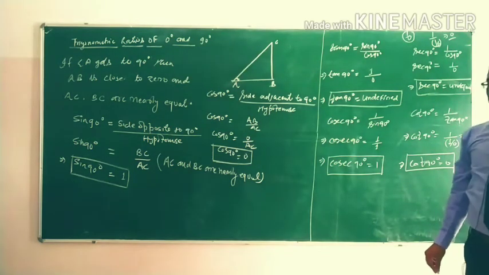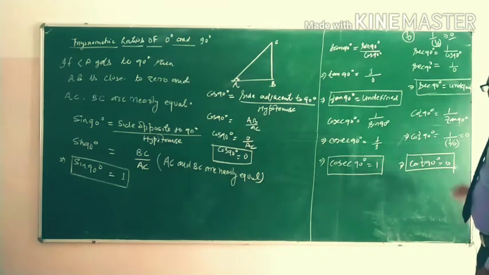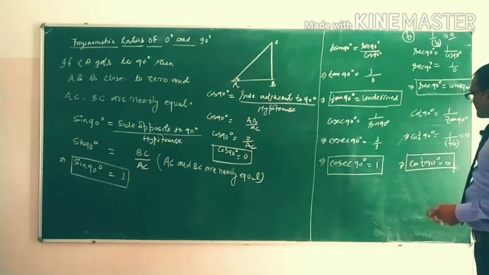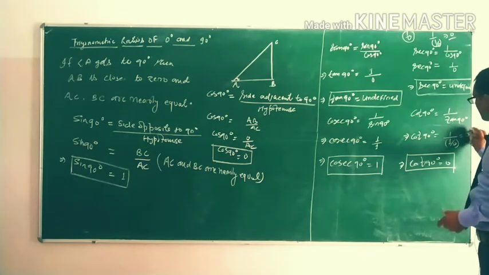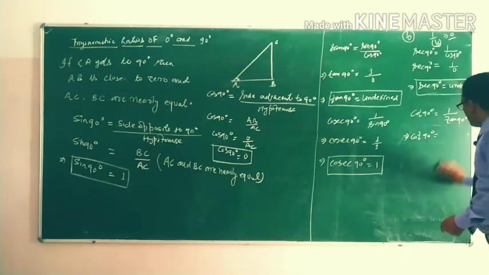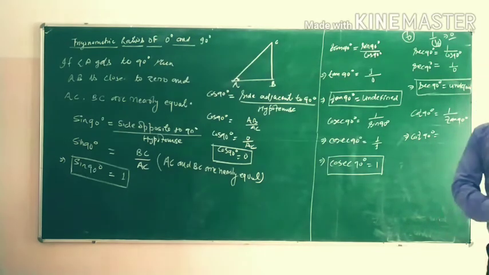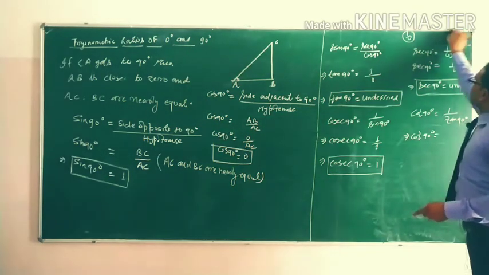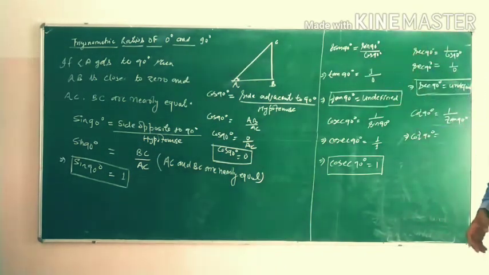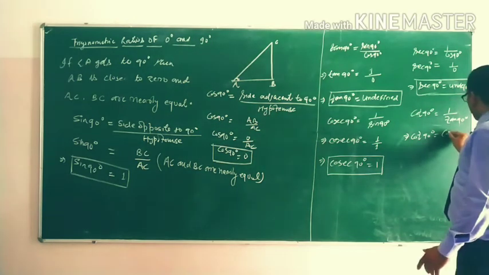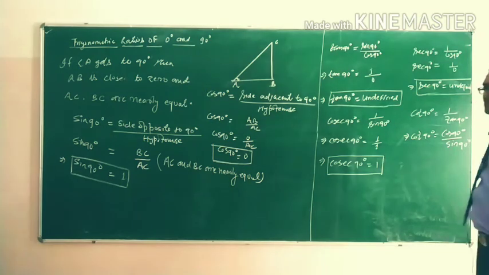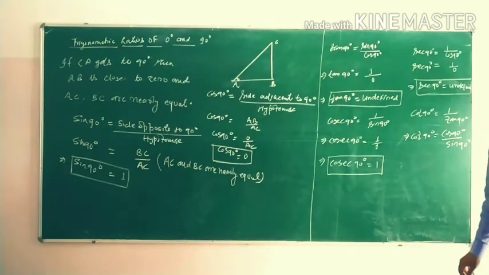here we find the value, again this concept is understood by using the formula. What is the value of cot 90? Cot 90 is cos 90 upon sin 90. Okay students, cot 90 is cos 90 upon sin 90.